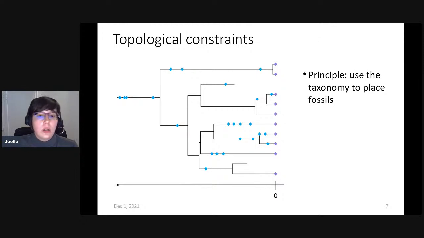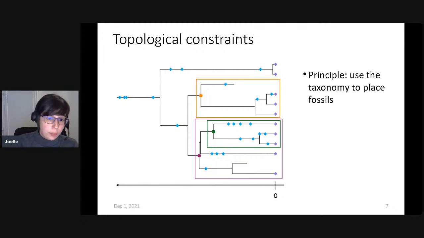And if you're talking about a crown group, you're also going to have extant species within that classification. So that means that you can constrain the tree to group all these specimens that are in the same group together, and you can force that clade to be monophyletic, to have the same common ancestor.